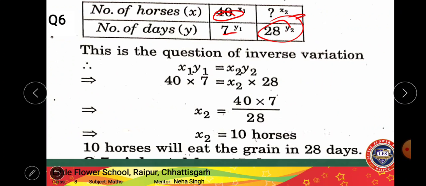So x1 y1 equals x2 y2, again the same. We put the values and cross multiply: 7 4s are 28, so 40 divided by 4 gives 10. To make the food last for 28 days, we need to decrease the number of horses to 10. 10 horses will eat that grain in 28 days.